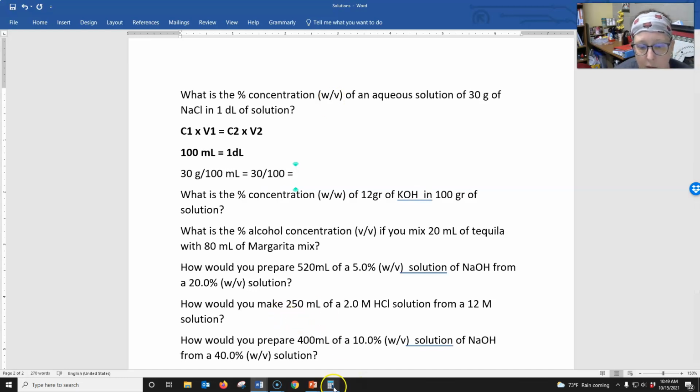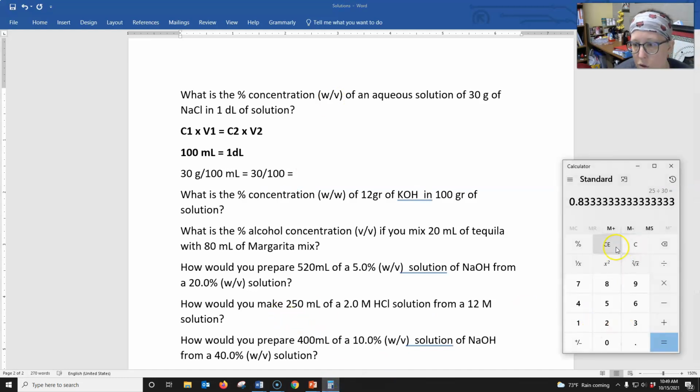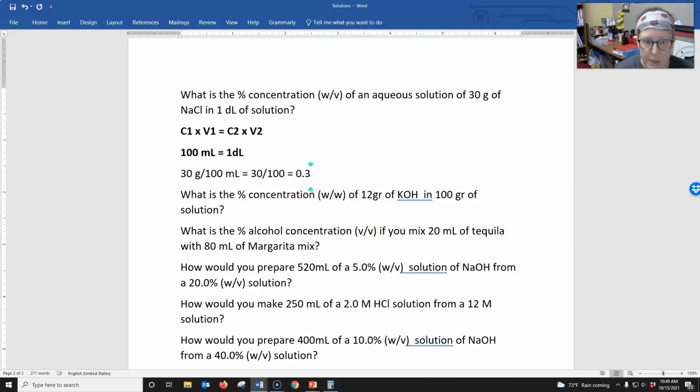I'm going to show you in a calculator, but you should know what it is. 30 divided by 100, there you go. It should be 0.3, so you convert that to percentage, and that becomes 30%.